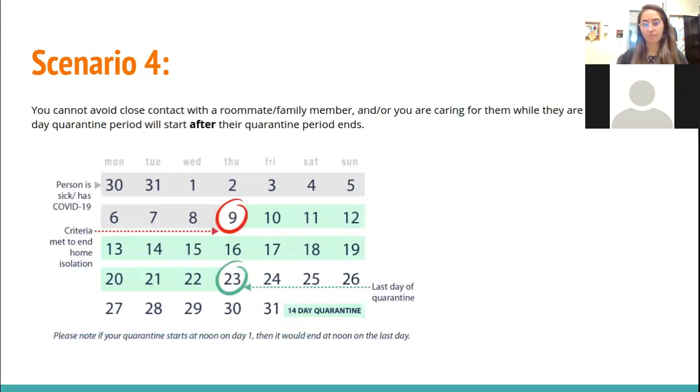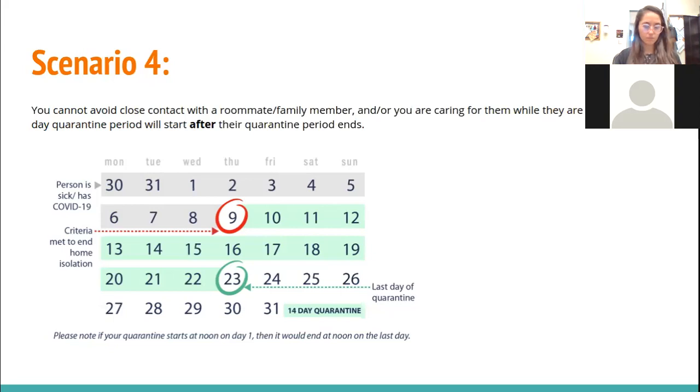Okay, scenario 4. You cannot avoid close contact with a roommate and family member or you are caring for them while they are sick. So like in my case, I have 2 young children at home. So if either one of them were to be sick, then I would be caring for them. So my 14-day quarantine period will start after their quarantine period ends. So let's say my 4-year-old comes down with symptoms and gets tested and is positive.